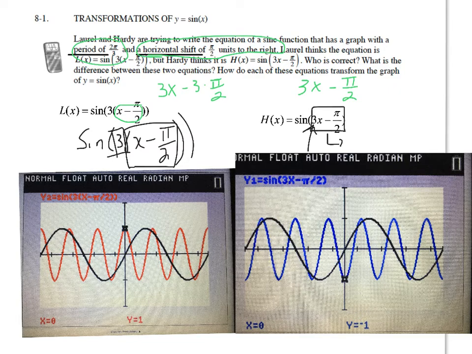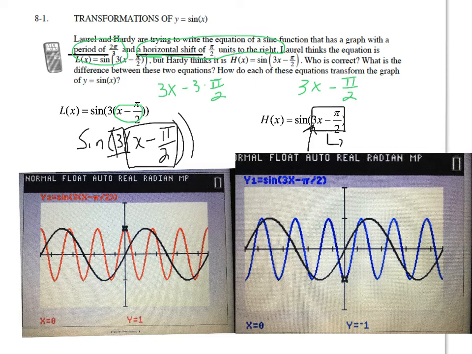In black, you see your sine function. This is your influential point, 0, 0. That sine function's crossing the x and y axis at 0, 0, and it's making one cycle in 2 pi.